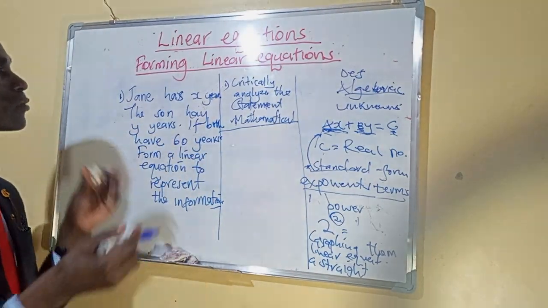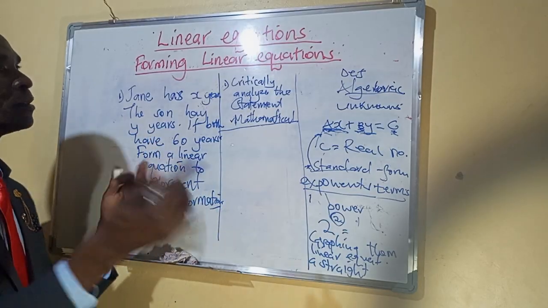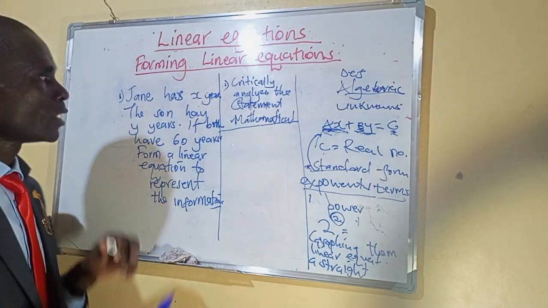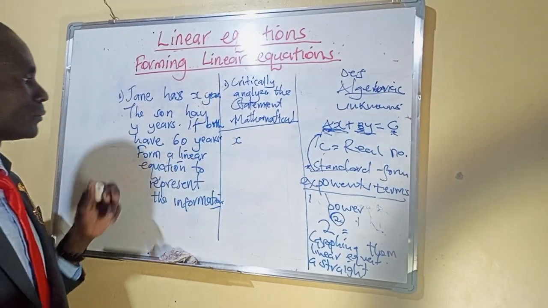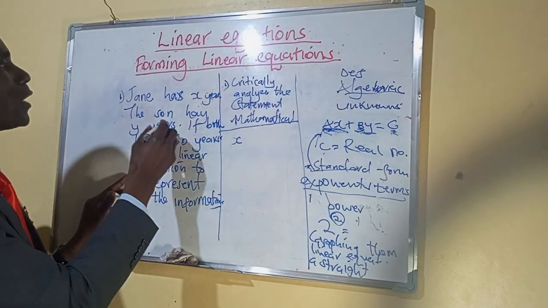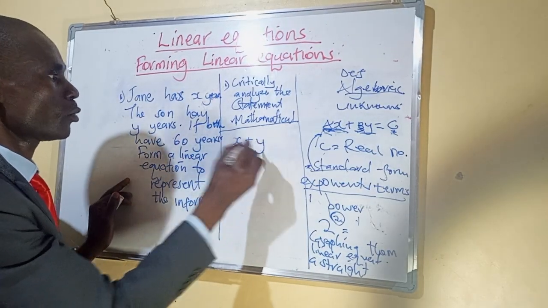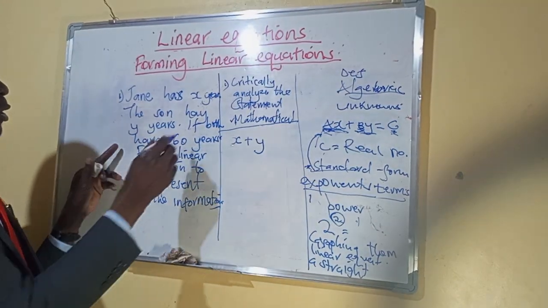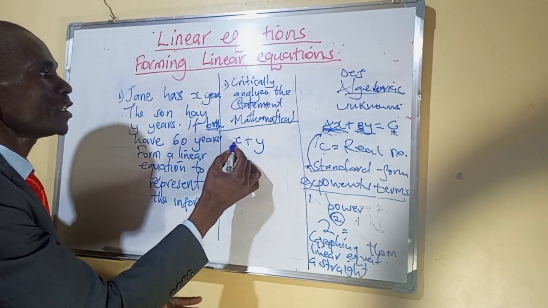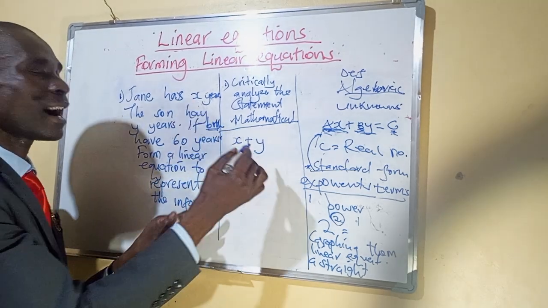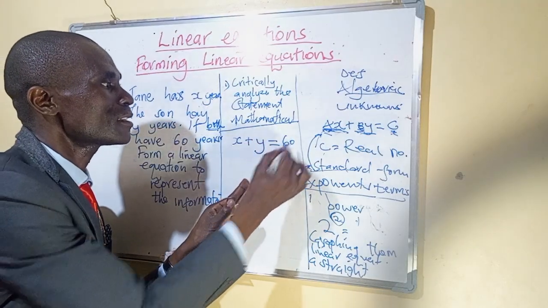What has to matter is for you to critically look at it, analyze the statement, and then come up with a mathematical statement. So here we have Jen is X, and then the son, Y. Because we have said both, both means we shall add, of course. So if we take the X for Jen, put together with Y, we get the 60.